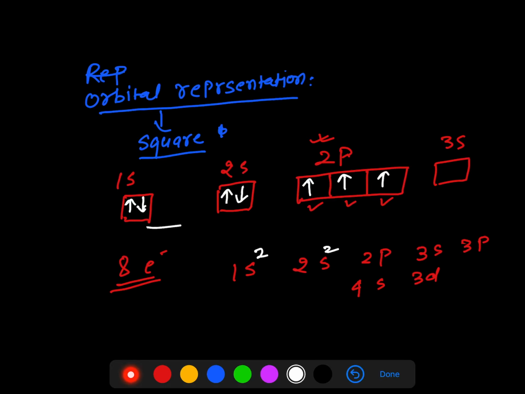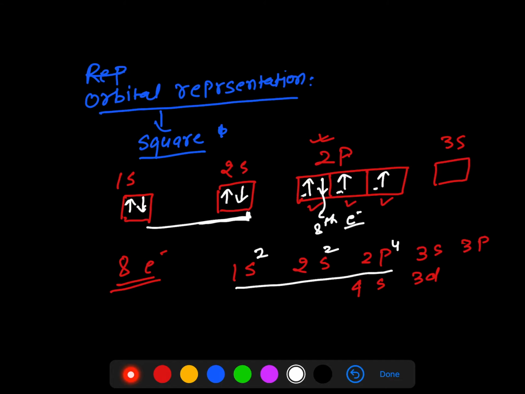So, till this point, we had arranged 4 electrons. So, this is the 5th electron, 6th electron, 7th electron, and this is the 8th electron, right? This is what Hund's rule states. So the configuration becomes 1s2 2s2 2p4.